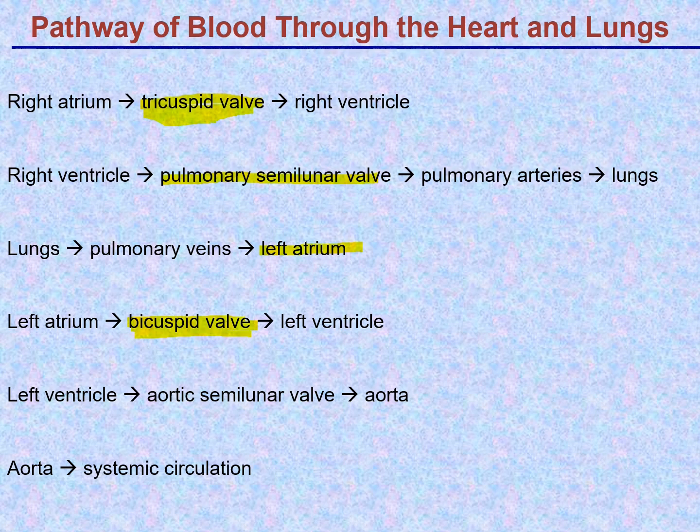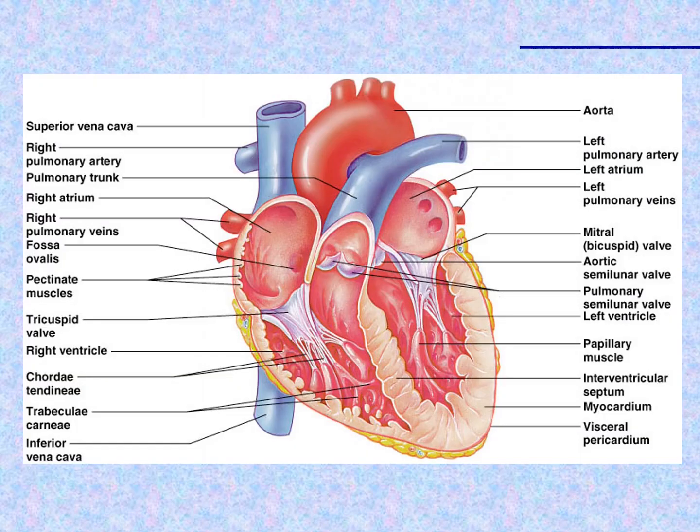Once it's in the left ventricle, the blood is pumped out of the heart through the aortic semilunar valve into the aorta and out to the rest of the circulation.